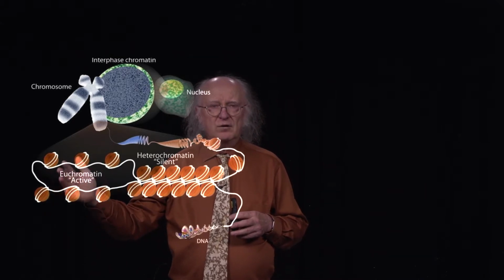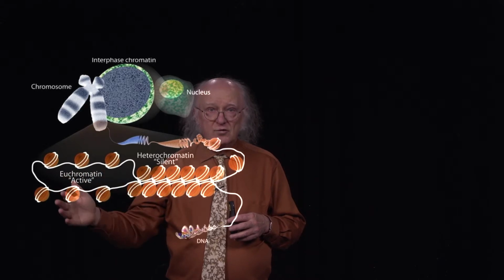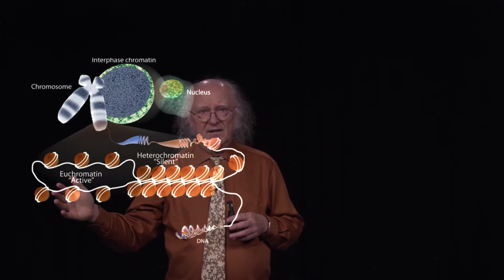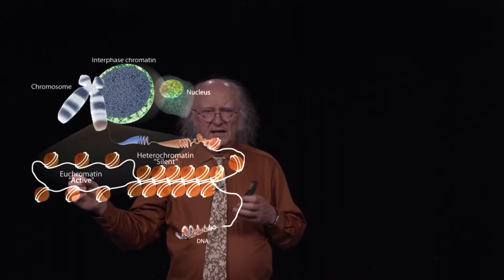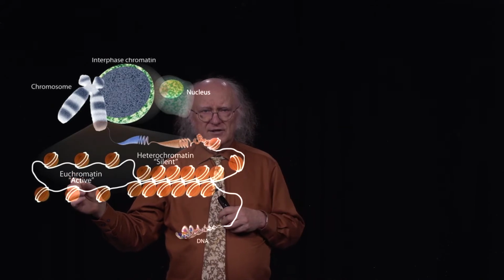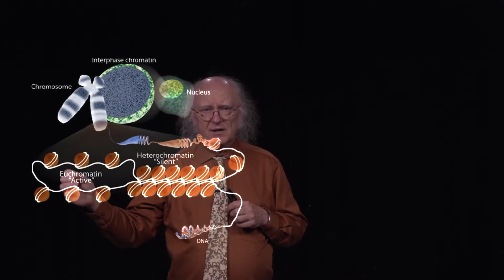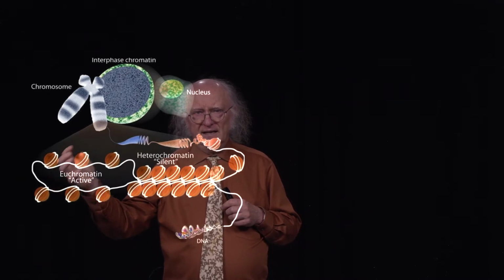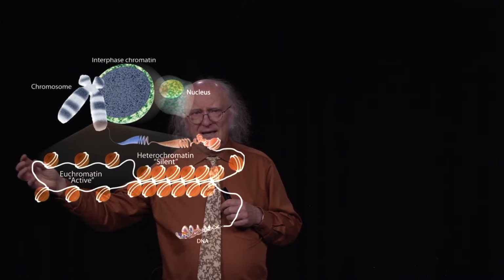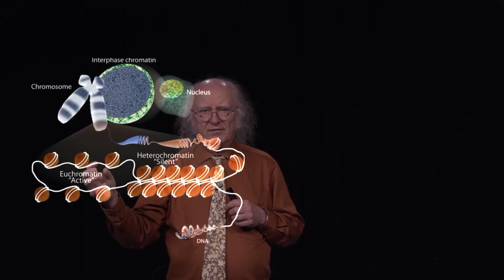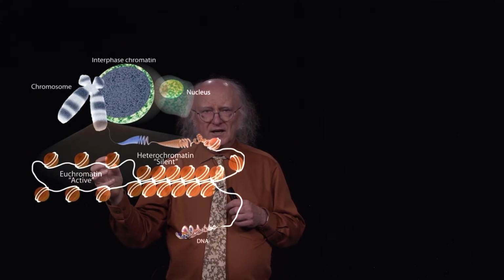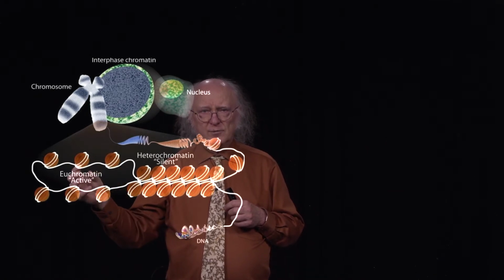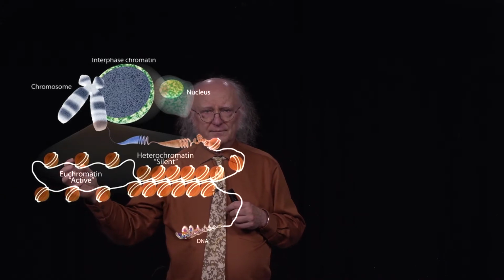And that form of chromatin is transcriptionally active, meaning that the RNA polymerase, and by the way, in eukaryotic cells, there are 3 RNA polymerases, can find the DNA, get into it, and start making messenger RNA off of it. So euchromatin is where we will see transcription actively occurring.